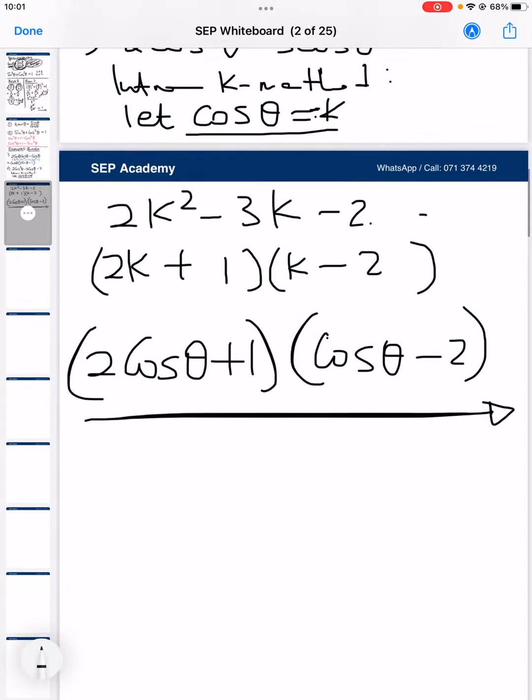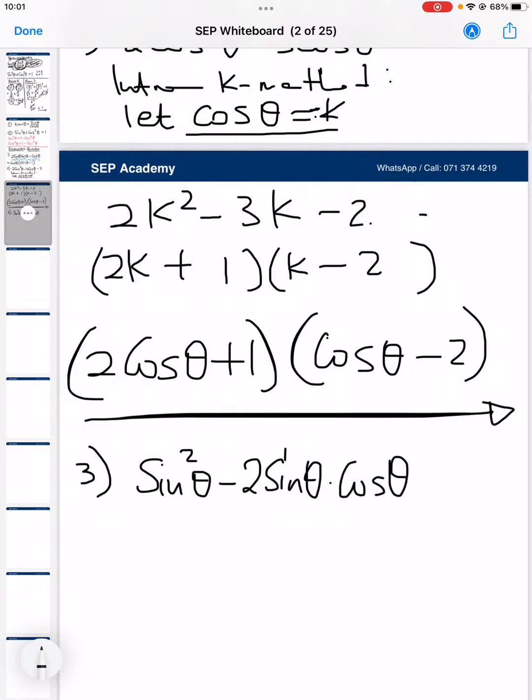So now maybe let's jump on to example number 3. Let's say we have sine squared of an angle minus 2 sine of an angle multiplied by cos of an angle, then add cos squared of an angle.